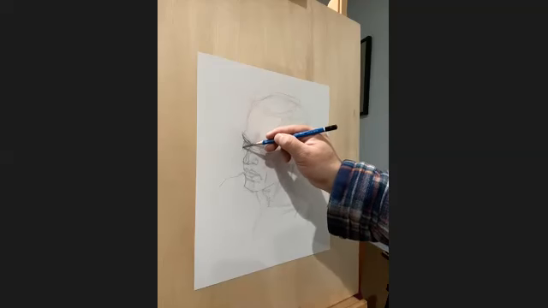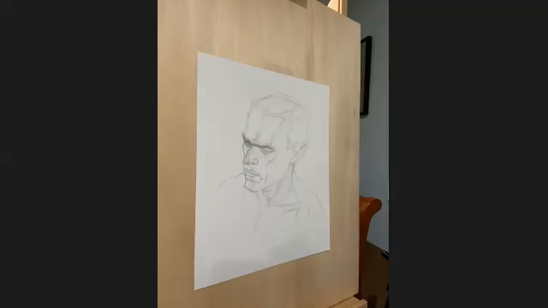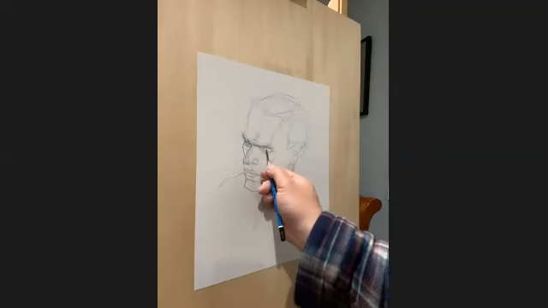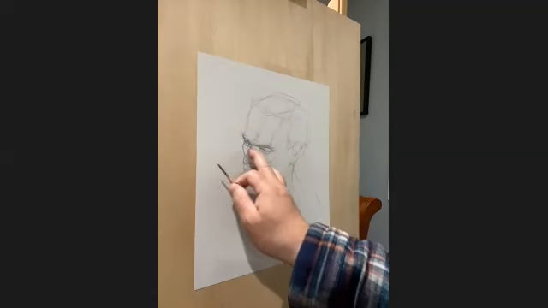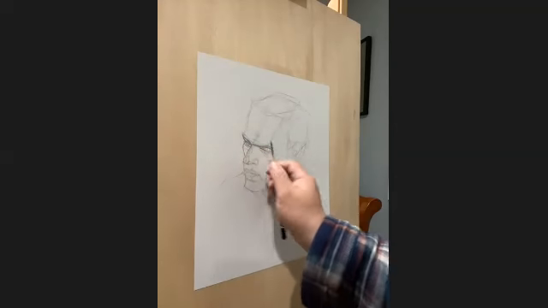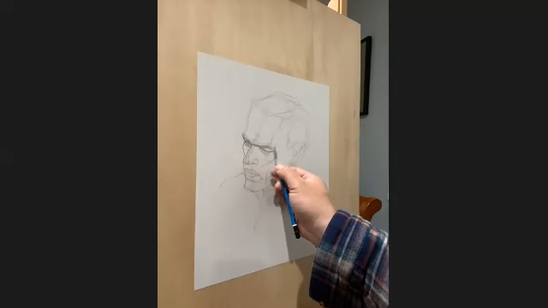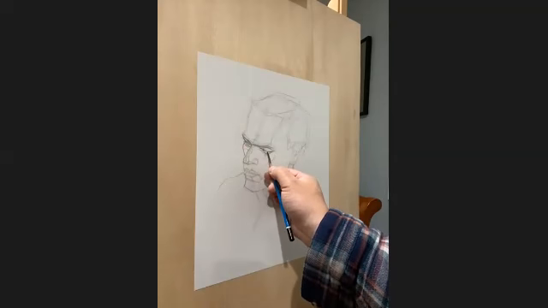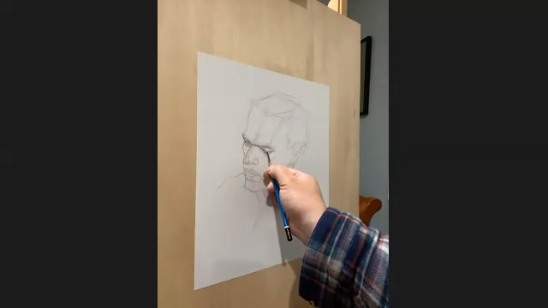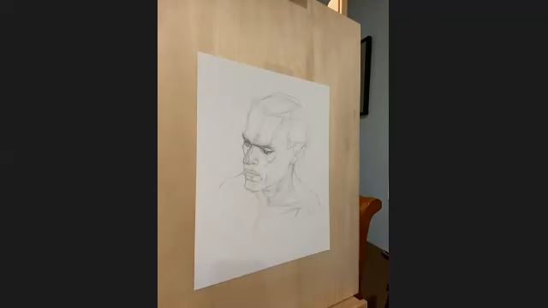So you draw that relationship. And when you draw this side, look at that side to make sure they really pair with each other. When you draw the eyeball, make sure the pupil is not a perfect circle.